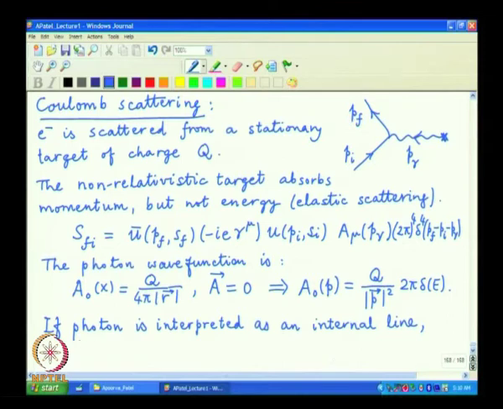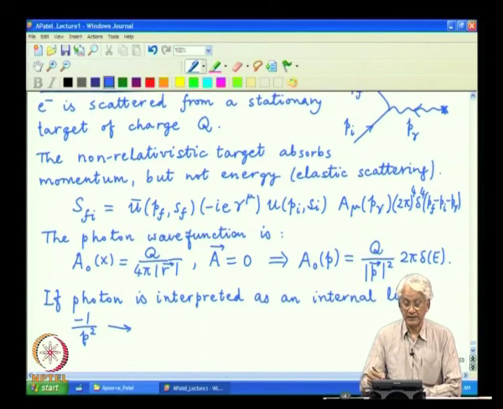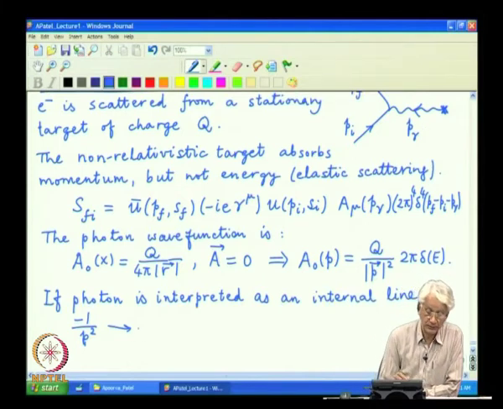Then one has this propagator, which is minus 1 by p square, for the photon propagator, which changes over after realizing that the p 0 part is actually 0 for this particular Coulomb potential.